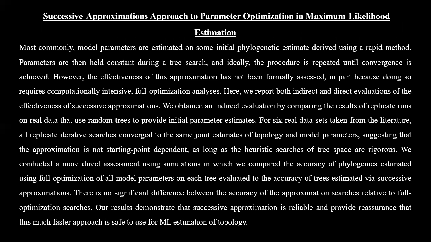If we see the successive approximation approach to parameter optimization in maximum likelihood estimation, most commonly parameters are estimated from some initial estimates derived using a rapid method. Parameters are then held constant during a tree search, and ideally the procedure is repeated until convergence is achieved.